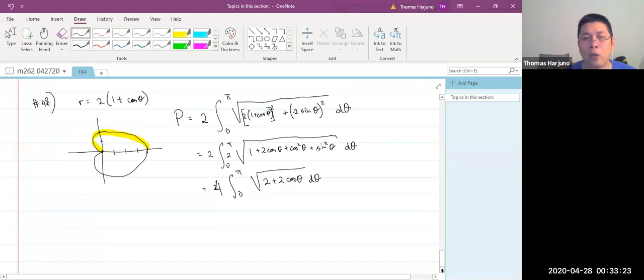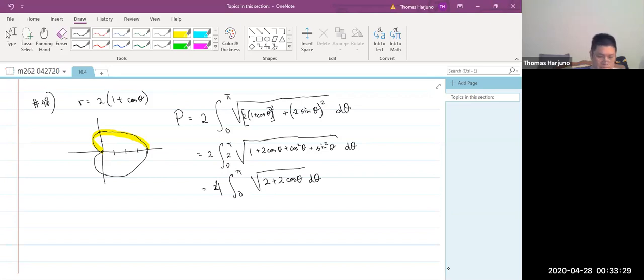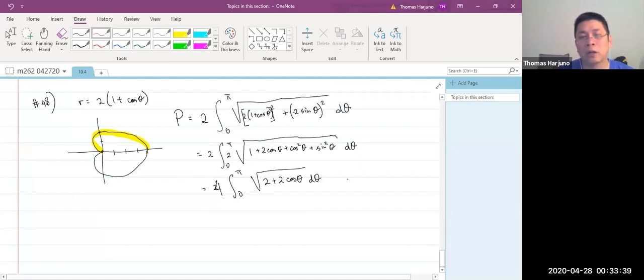Now you may wonder, now what? How to integrate this? What you can do is use the double angle formula. Let me use another color. We see this cosine theta as cosine of 2 times theta over 2. I hope that helps.